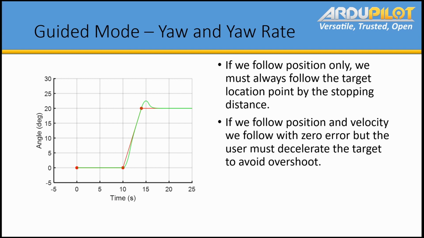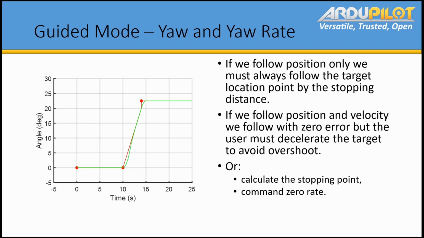So anytime we have a discontinuity in position, velocity, or acceleration, you expect a small error to be introduced. And as you go further down the chain, those errors get smaller. Things you can do is command a yaw and a yaw rate, and then command a position with a zero velocity at your stopping distance.